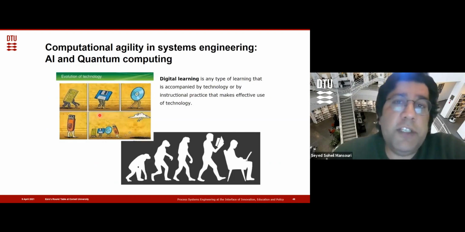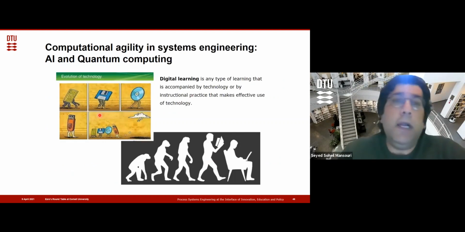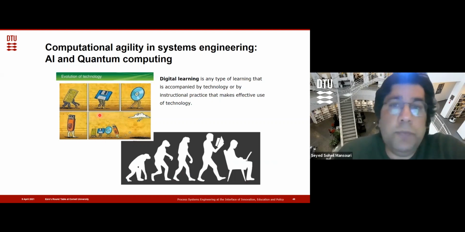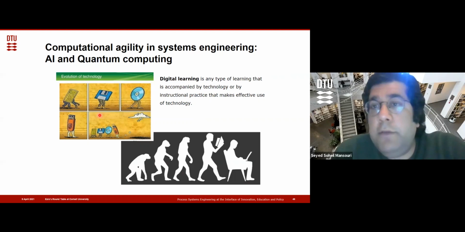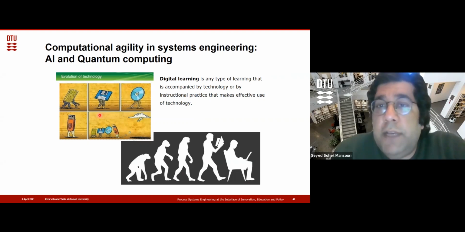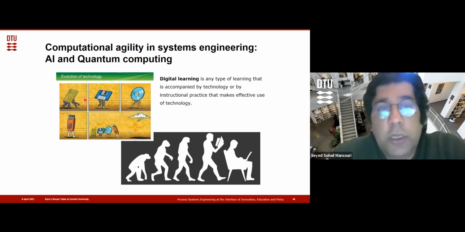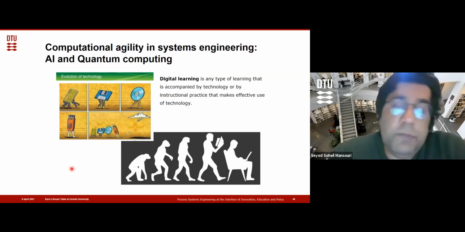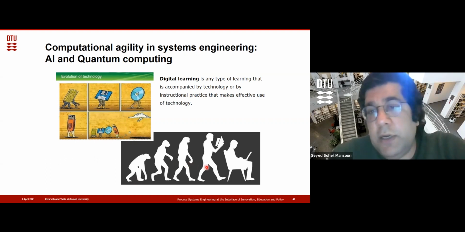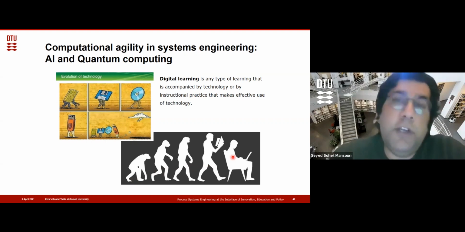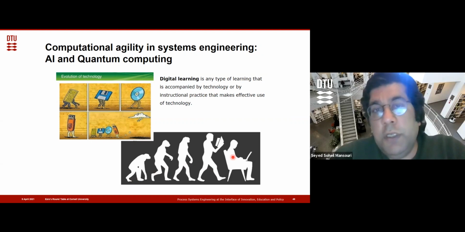Now this brings me to computational agility in systems engineering, artificial intelligence and quantum computing. Feng Chi also has a fruitful program here at Cornell on quantum computing, which excited us to get into this area, and we are finding more and more excitement. If you look at the evolution of technology and computers, this is how we human beings have evolved from a learning point of view.